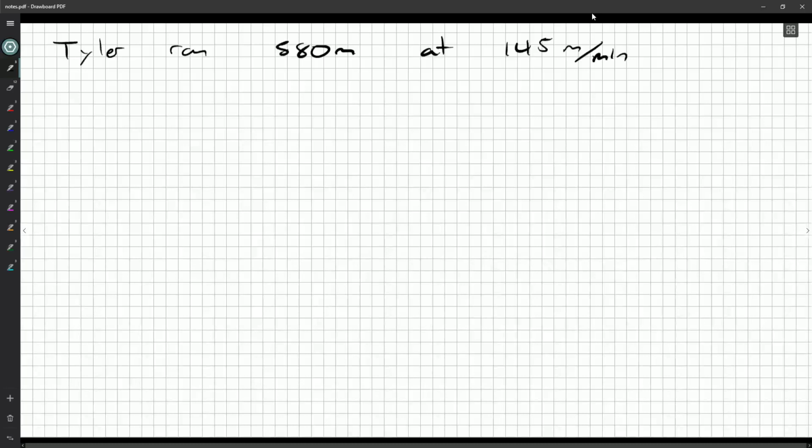So Tyler ran 580 meters at 145 meters per minute. I don't know if this is going to turn out to be a whole number, so time Tyler took is 580 meters over 145 meters per minute.